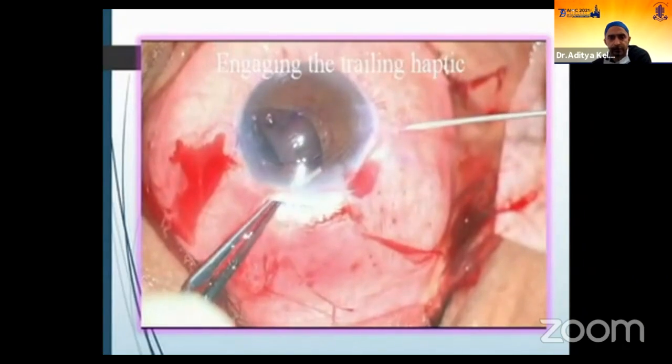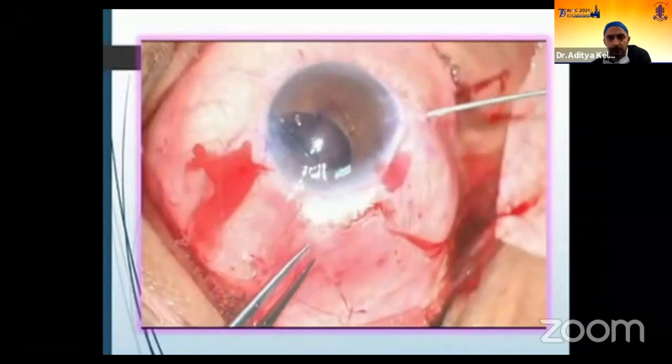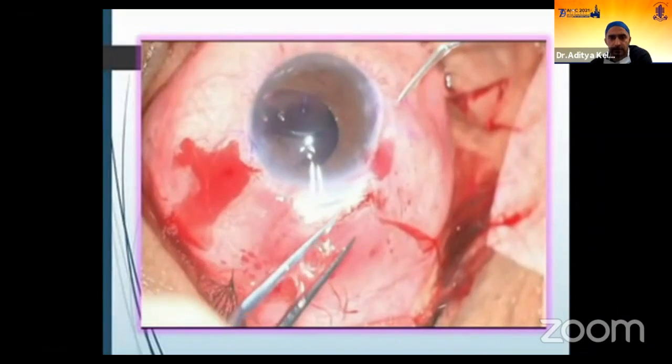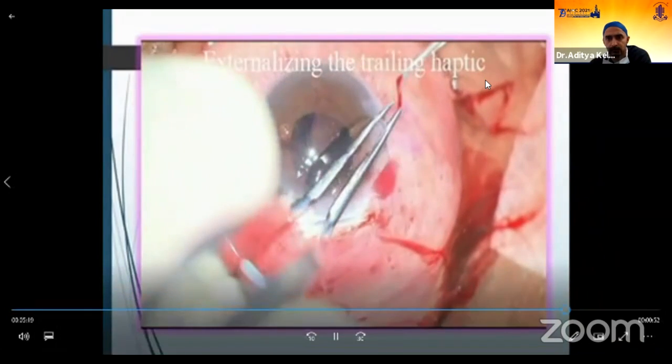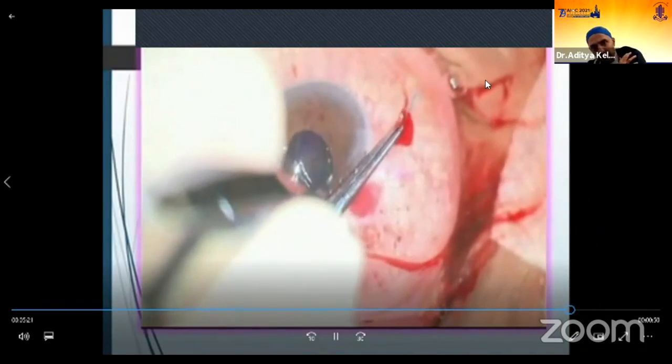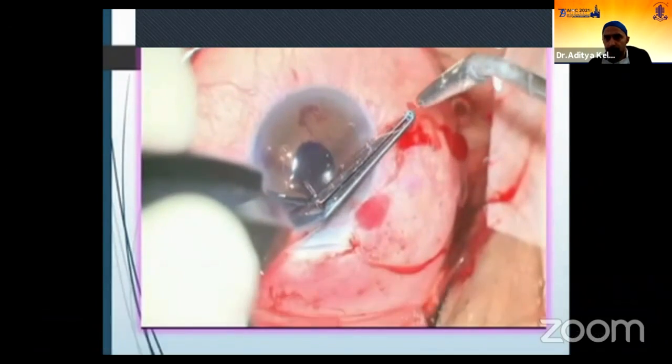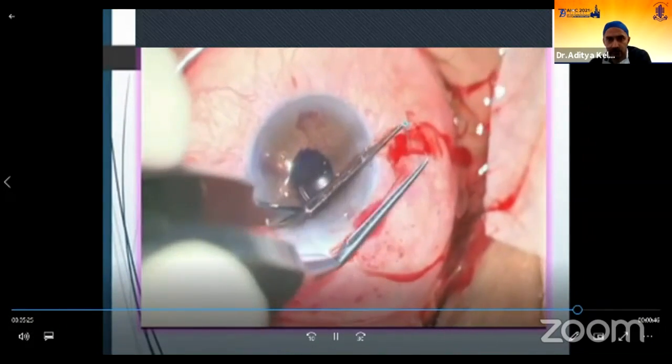Through the main port itself, we engage the haptic and then it is externalized and then flanged using the cautery. So that's how this technique works.